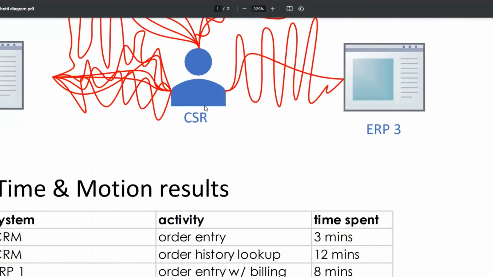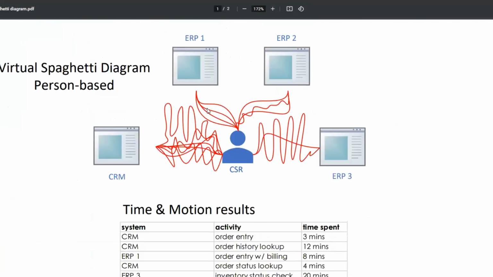So I did a couple of spaghetti diagrams of virtual workflows. And I think in a normal spaghetti diagram, the act of sitting up there and drawing their route from this workstation to that workstation to this area is the act.